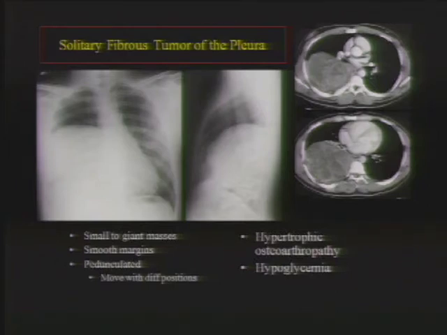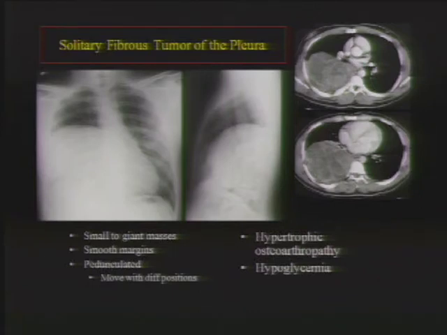On CT scan, they can occasionally be homogeneous in appearance, but when they're large like this, they're often very heterogeneous. They have these swirling patterns of enhancement that are in some ways reminiscent of fibroids of the uterus, and they're a similar kind of tumor.